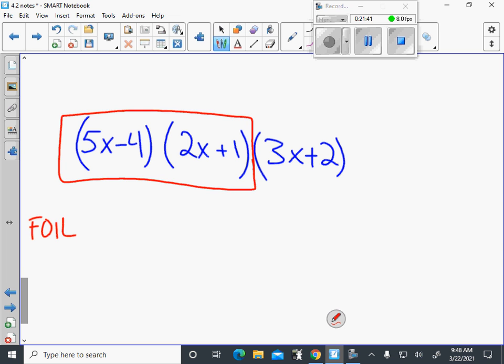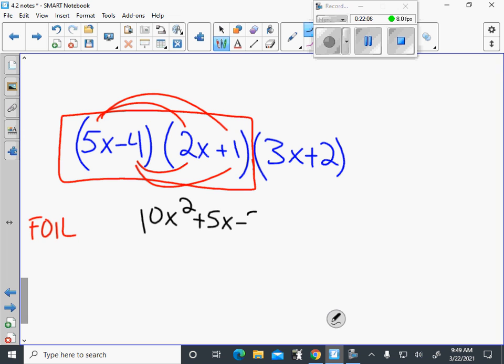How? By our FOIL method. You know, first, outside, inside, last. I can do that. Let's do that kind of quickly here. The first one's 5x times 2x. Okay, we should be getting better at this. 5x times 2x is 10x squared. Outside, 5x times 1 is positive 5x. Inside, negative 4 times 2x is negative 8x.